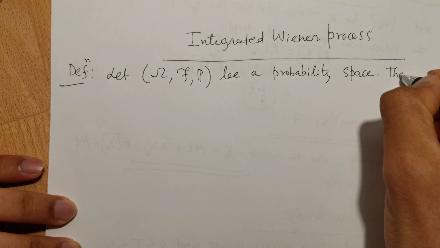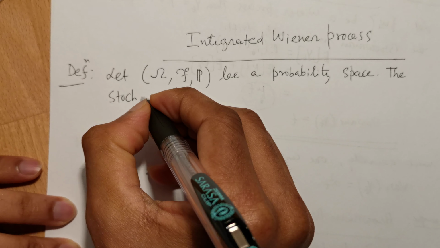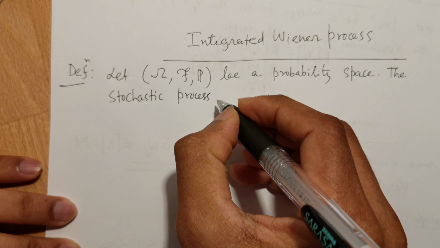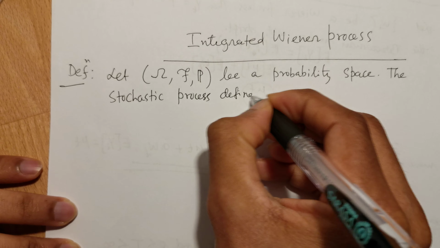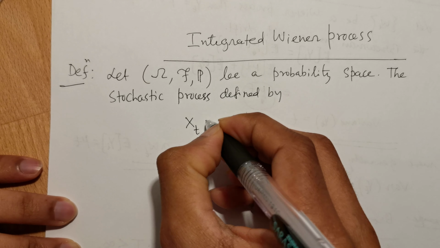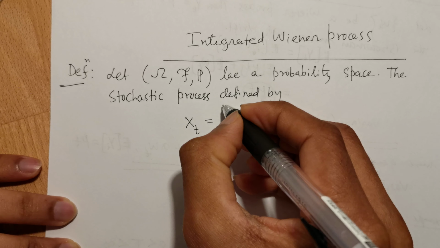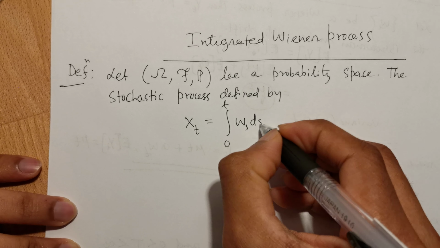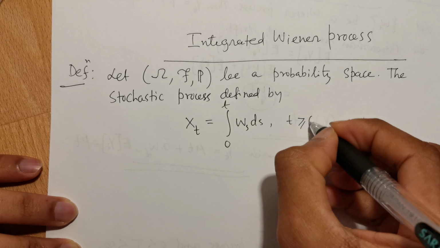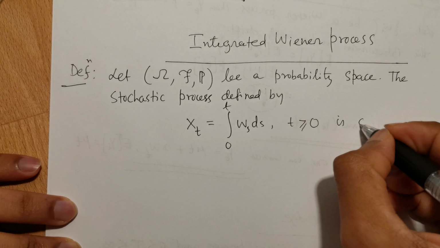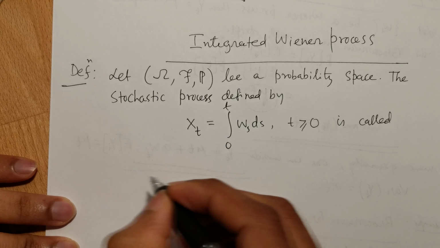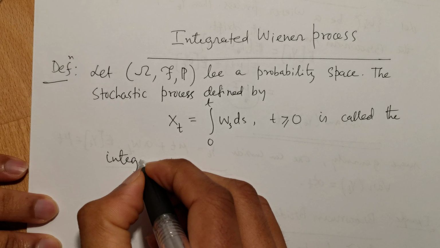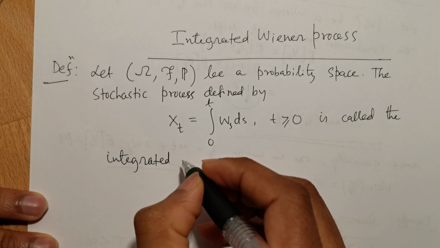The stochastic process defined by Xt is the integral from 0 to t of Ws ds, t greater than or equal to 0, is called the integrated Wiener process.